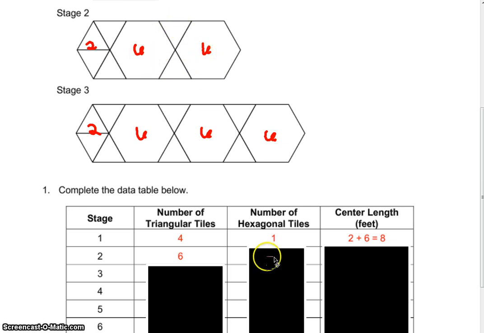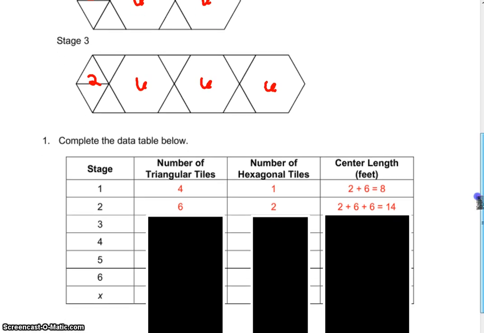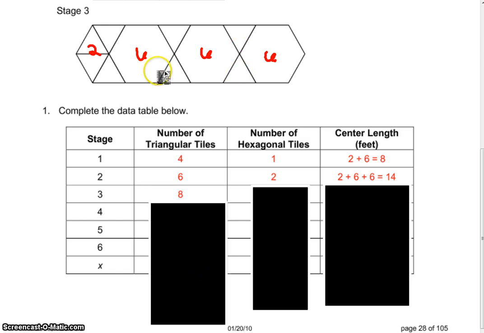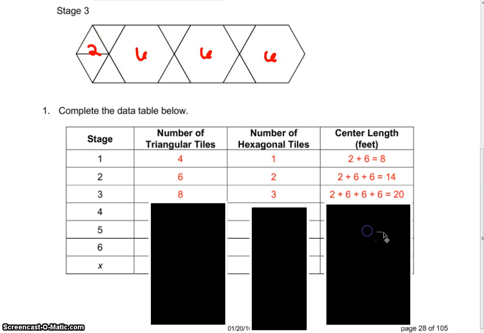We have 2 hexagons, and we have 2 plus 6 plus 6, which is 14. In stage 3, we have 4, 5, 6, 7, 8 triangles, 3 hexagons. 2 plus 6 plus 6 plus 6 is 20.